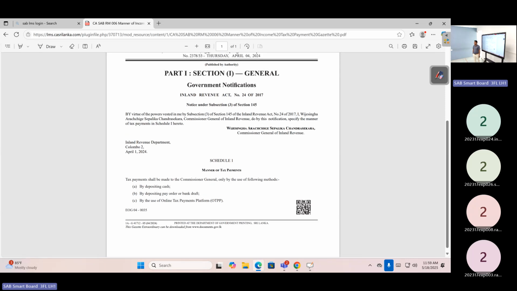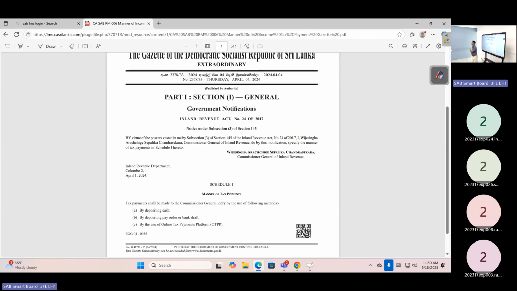What is missing? Cash payment is there, pay orders are there, bank draft is there, online transfer is there. That means indirectly it says we now cannot pay income tax using a check. It should be cash, pay order, bank draft, online transfer. Because it refers to section 145 of the Act, the law says the Commissioner General can specify the way of paying.